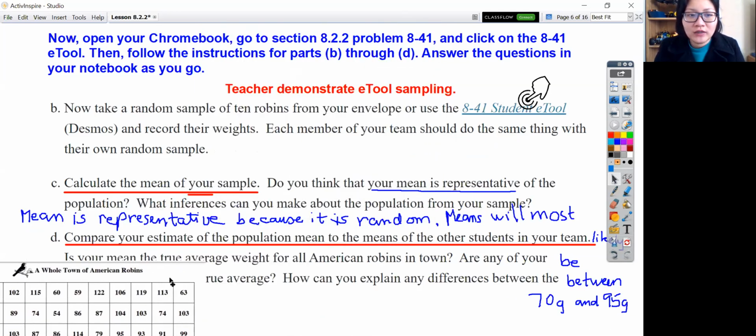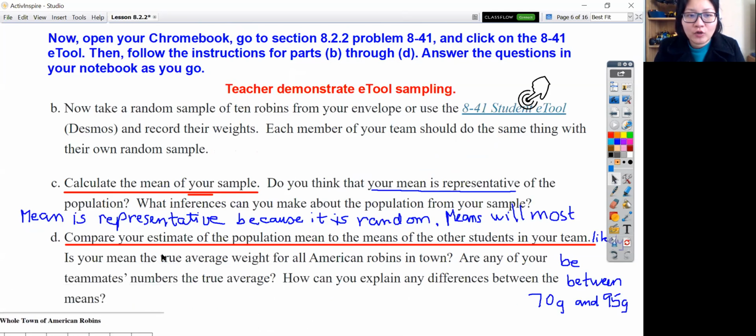All right, let's do question D. Compare your estimate of the population means to the means of the other students in your team. It's impossible to do it because we only have one data. Is your mean the true average weight for all American robins in town? Are any of your teammates' numbers the true average? How can you explain any differences between the means? Again, we cannot compare our answer with any other answer because we only have one data.